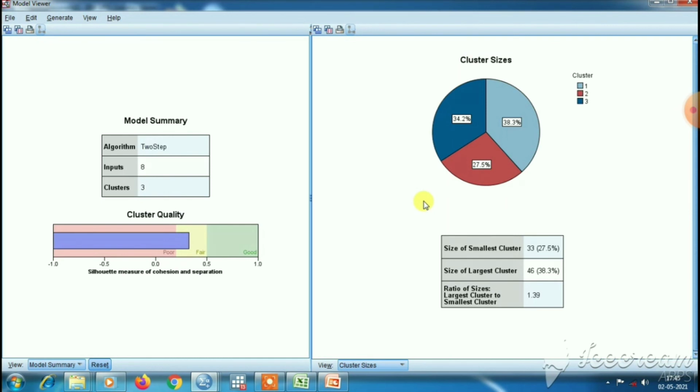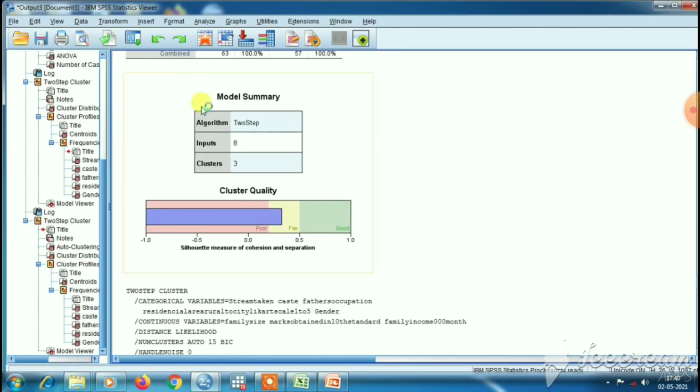And similarly, by combining the quantitative and qualitative variables, how we can run the 2-step cluster analysis. Okay, so after getting the result, we have to explain and analyze all the things. In this way, by applying the research tool, we prepare a research paper and we can publish it and present it in a seminar. So I think that's all for today.